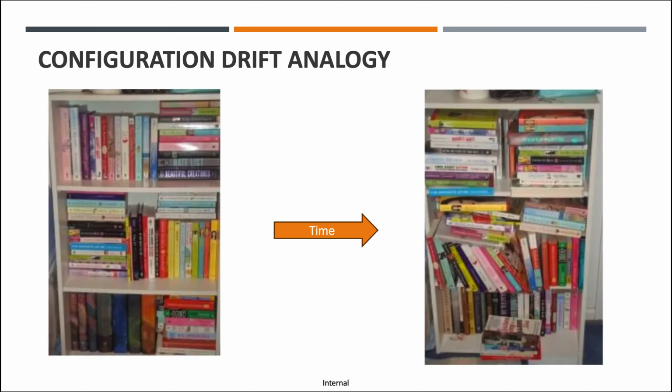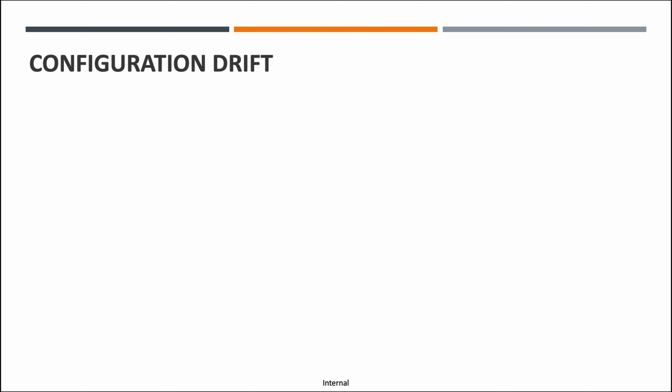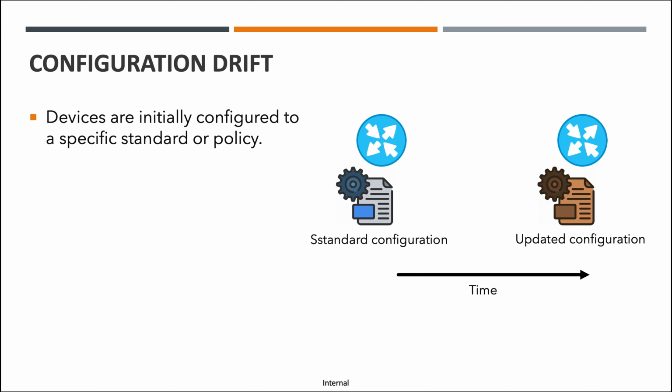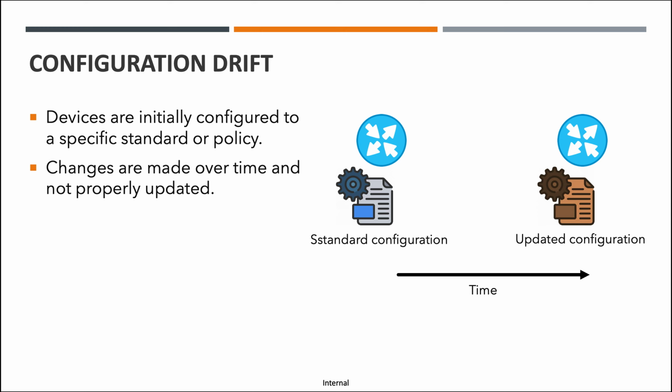This analogy will help you understand what configuration drift actually is when I explain configuration drift in networking. In a network, devices are initially configured to a specific standard or policy. However, over time, changes are made, like adding new configuration, modifying existing configuration, or not properly updating configuration after network changes.